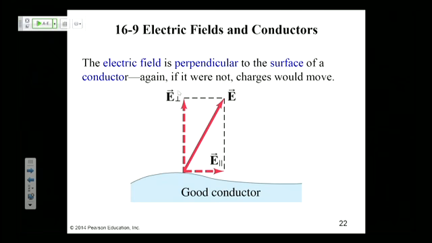So we end up with just fields that are normal to the surface. Whenever you have any conducting surface, the only electric field that will survive are the ones normal to the surface.